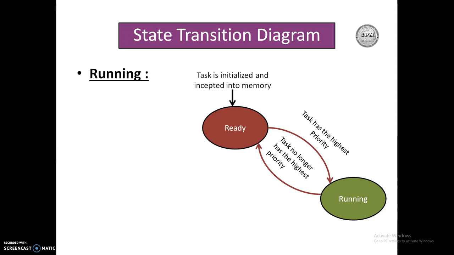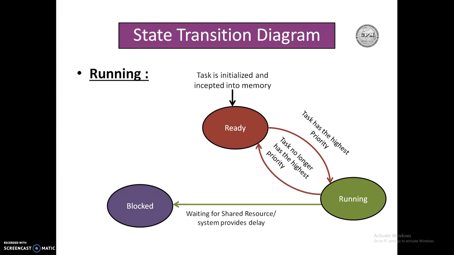If the running task has some call or some resource need, then it will move to the block state. A running task can switch to the block state in any of the following situations: by making a system call that requests a resource.